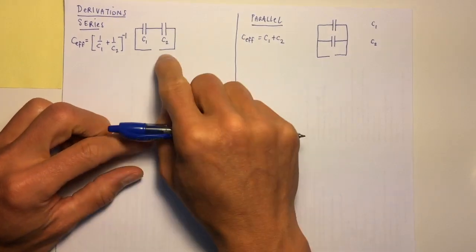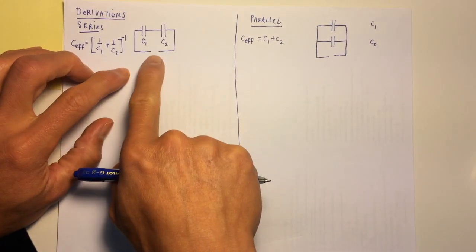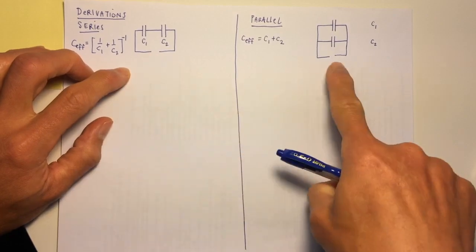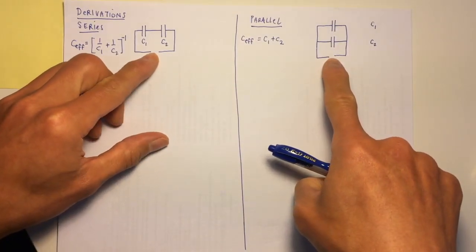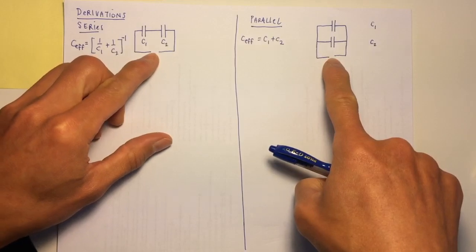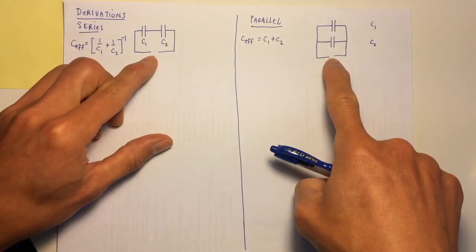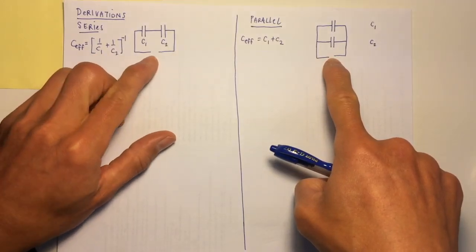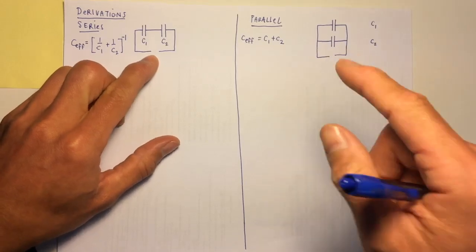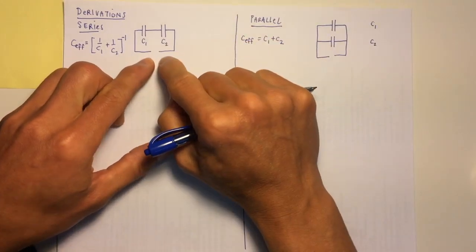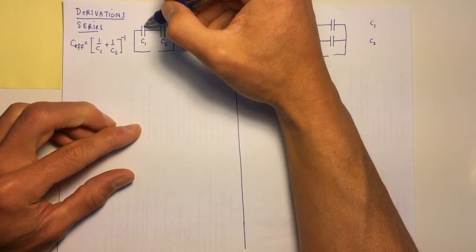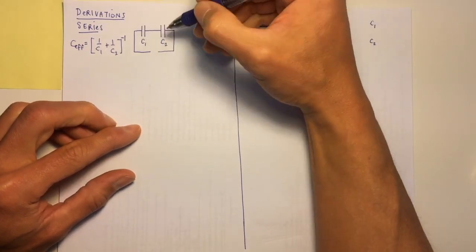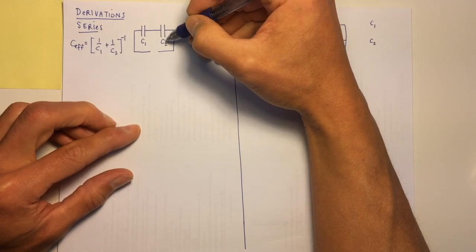Okay, I'd like you to notice that I am starting with no battery. There's no battery in either of these situations. The reason I want to start there is because I want to know what is the charge and also what is the potential difference between everything. In this picture right here, I'm going to start with no net charge on capacitor 1 and no net charge on capacitor 2.